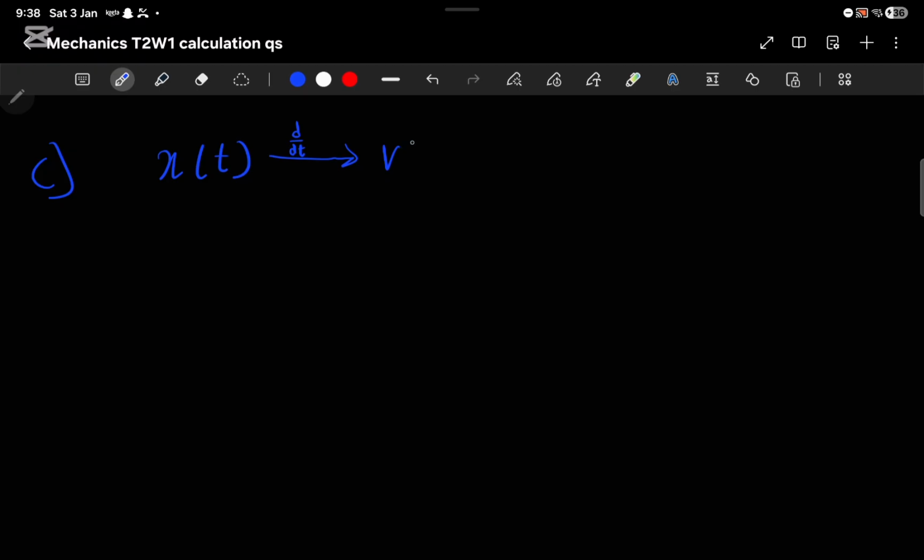Then to get to acceleration, which you'll need for the next part, you derive again, d by dt, and you get a of t. To get to velocity from acceleration, you integrate, and same thing with velocity to displacement.